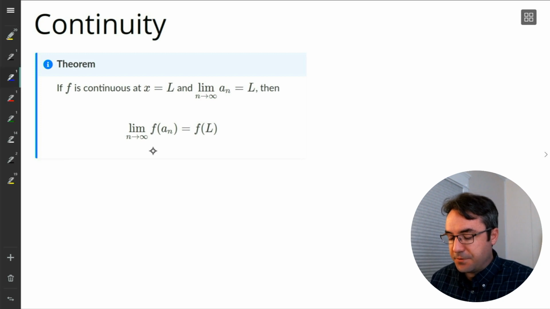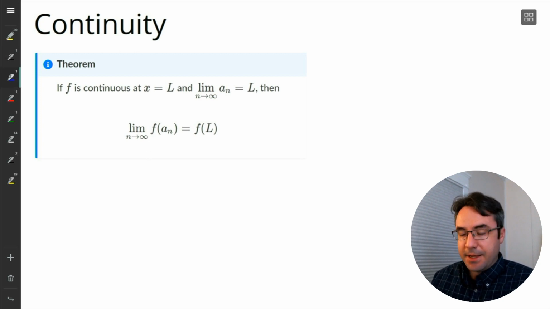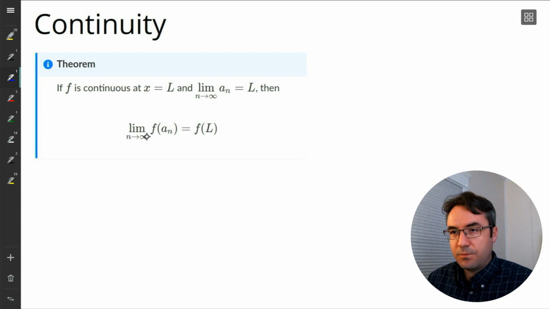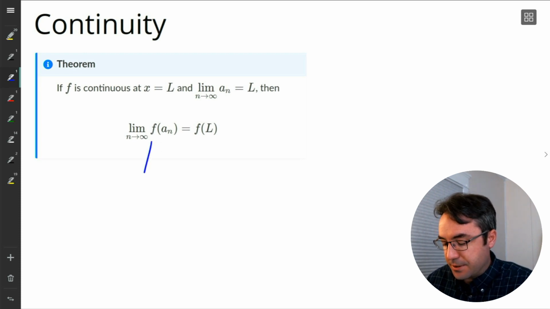What we have here, this function f, we think of it as an outer function. So we know continuous functions work nicely when we have compositions. And that's what we have here, a composition. So f is our outer function.